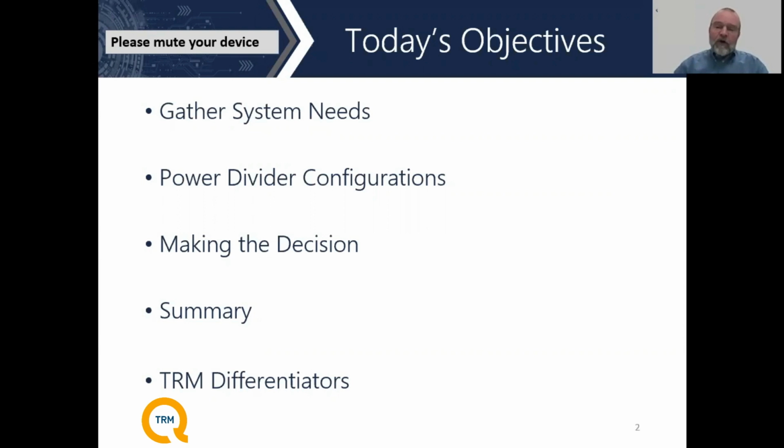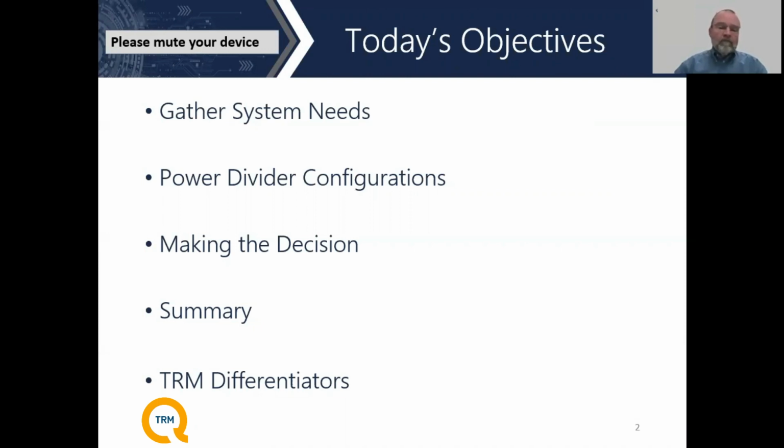So we'll go through an overview of what sort of parameters drive the needs of a system, and then we will move into a discussion as to what are the various choices that we have for the various power divider configurations and construction techniques. What are the pluses and minuses of some of those? We'll then go through some decision examples, and then wrap it up with a summary and a quick review of some of TRM's differentiators.